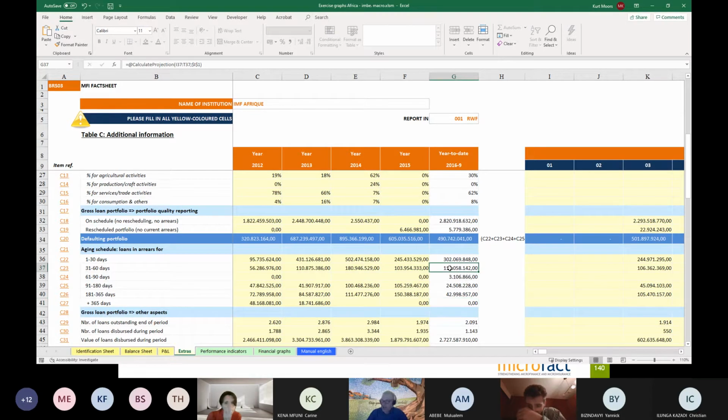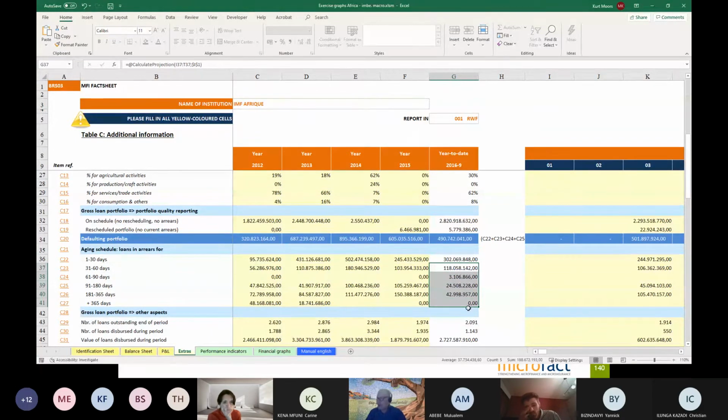If I take now the contaminated part only for more than 30 days, I don't include 1 to 30, I only take more than 30 days. As you can see below, the total amount is 188 million, and that's the sum of these 4 figures.